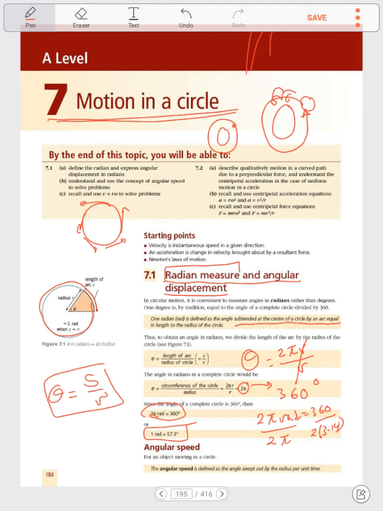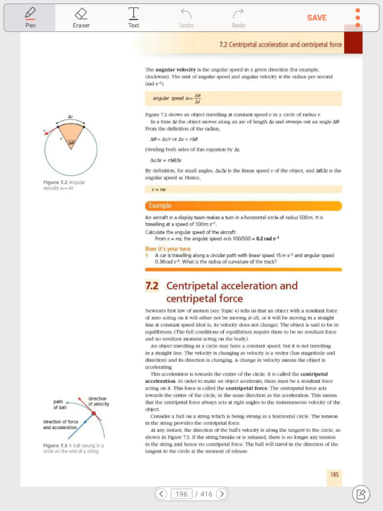Now, since a particle moves in a circular path, we have an angular speed. Angular speed is a scalar quantity, defined as the angle swept out by the radius per unit time. And the angular velocity is a vector quantity, because it has a direction, clockwise or anti-clockwise. The angular speed omega equals the change of the angle per unit time.